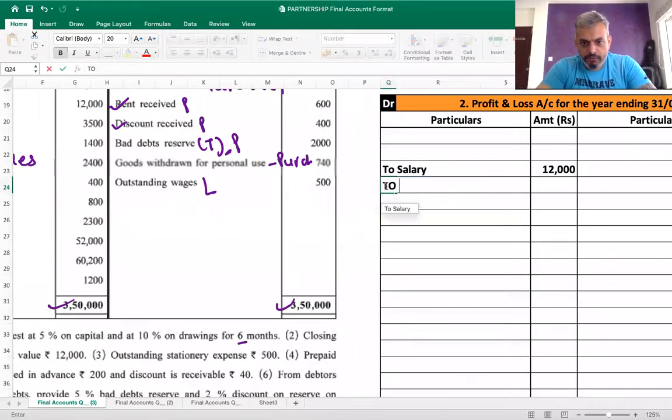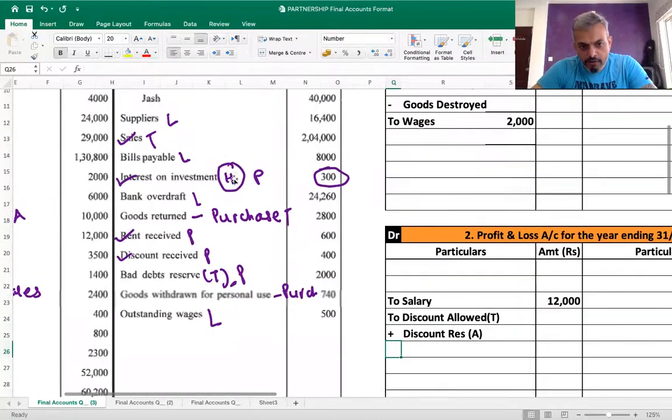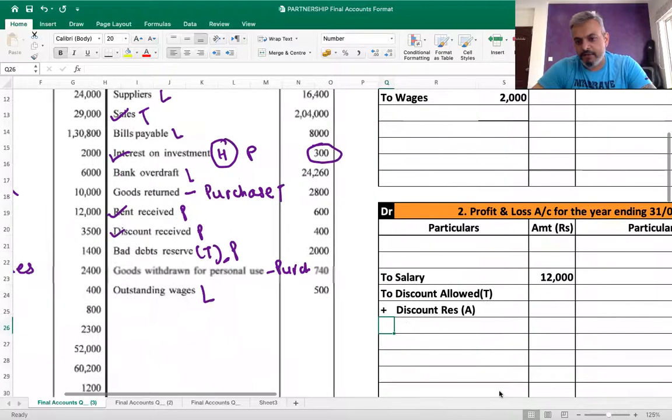So to discount allowed as per trial balance plus discount reserve as per adjustment. Now here we don't have discount reserve as per trial balance, so you don't need to write it. If you want to write, you can write. Then minus discount reserve as per trial balance. But we know it is not there, so I am not writing over here. Okay.